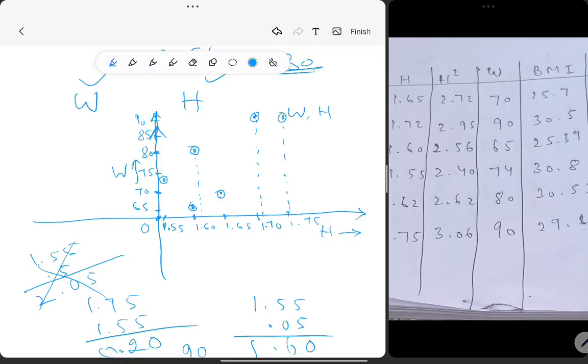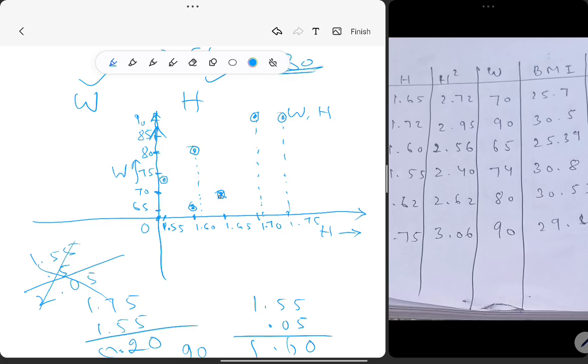I will write one thing here. Since the body mass index of this person is less than 30, he will be classified as non-obese. Let us show people who are non-obese with a cross. Cross should have been for obese, anyhow, it doesn't matter. So we will show non-obese with cross.